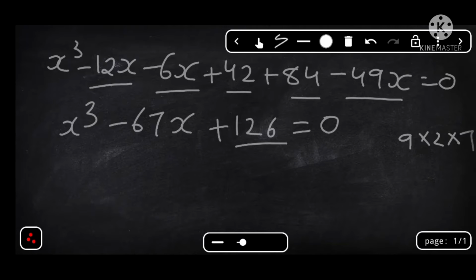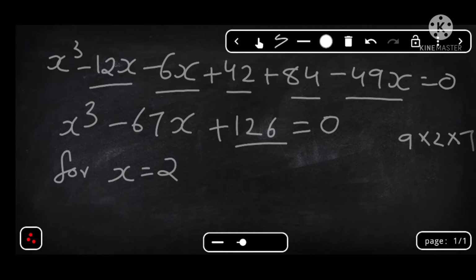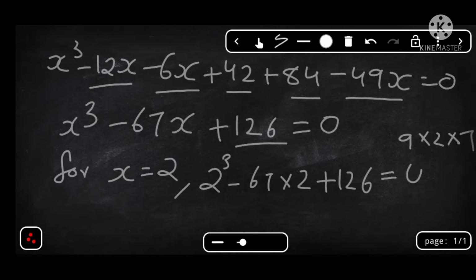Okay, so for x equal to 2, we can substitute: 2 cube minus 67 into 2 plus 126 equal to 0.